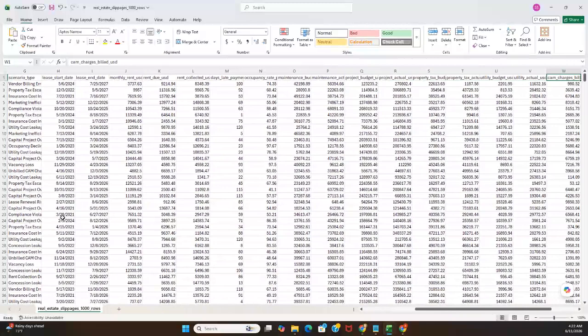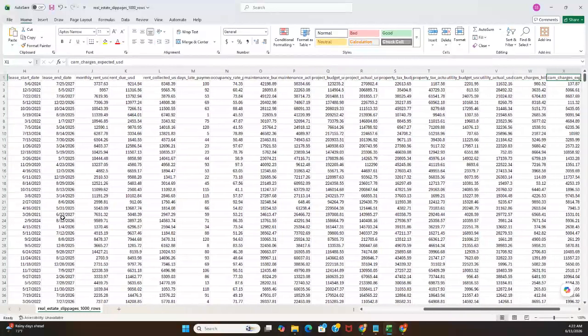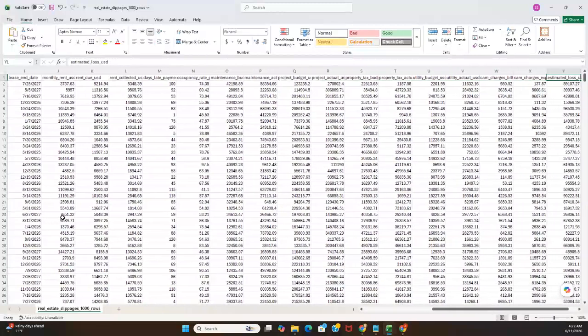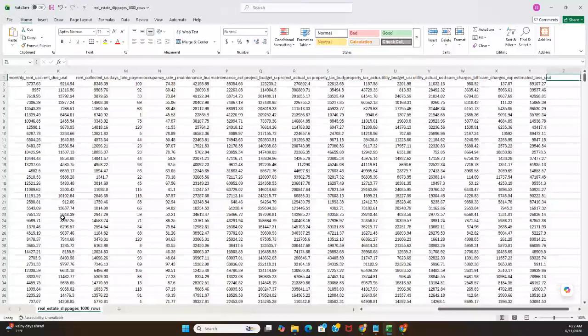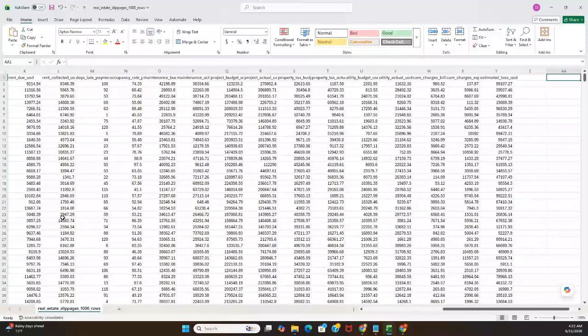I'm not very sure, I'm reading the line items on top. CAM charges expected USD, estimated loss, and that's about it.